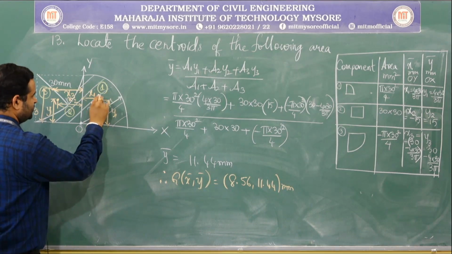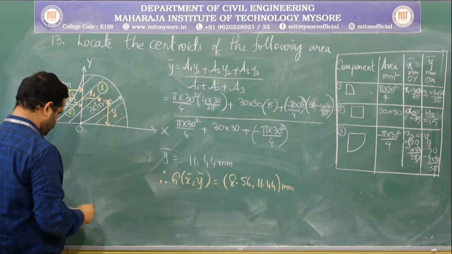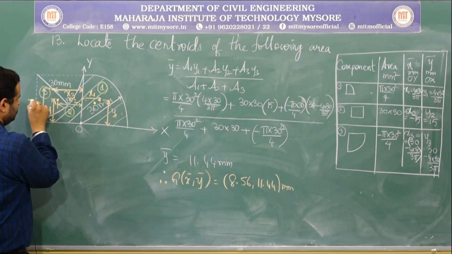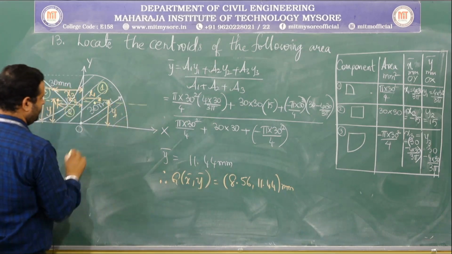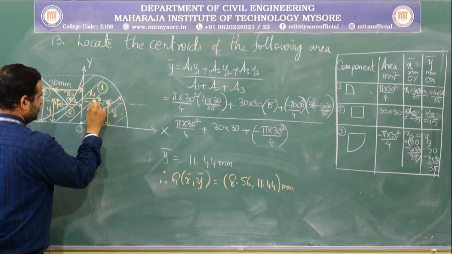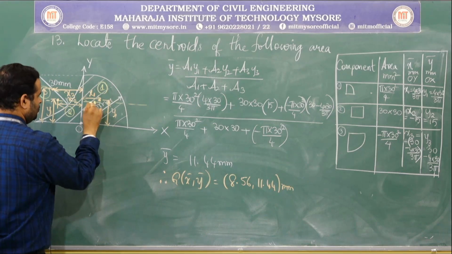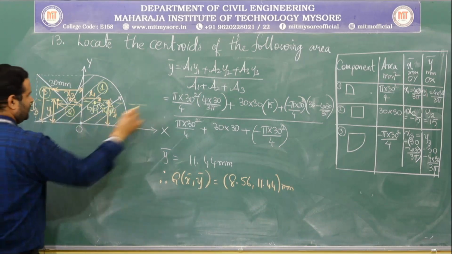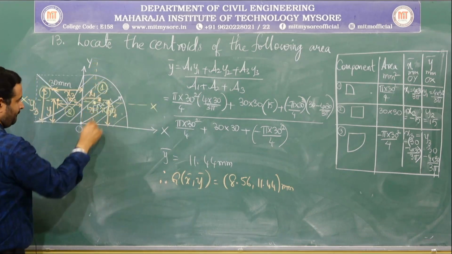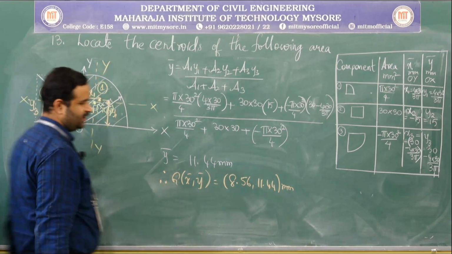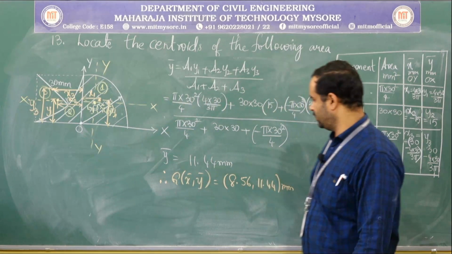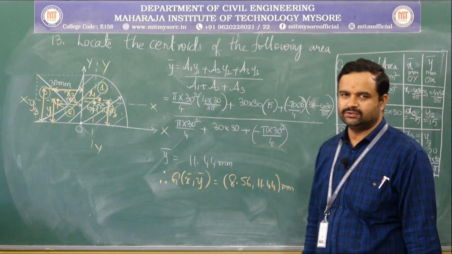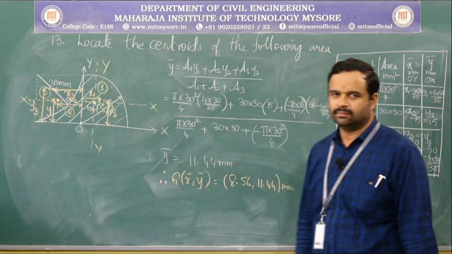So, somewhere at this point, this is G of X bar comma Y bar. This will be our XX and YY, 8.56 and 11.44. This is how you locate the centroidal values in the diagram.